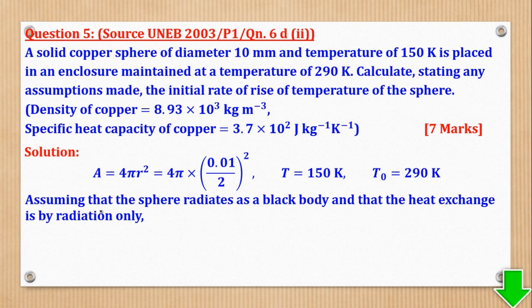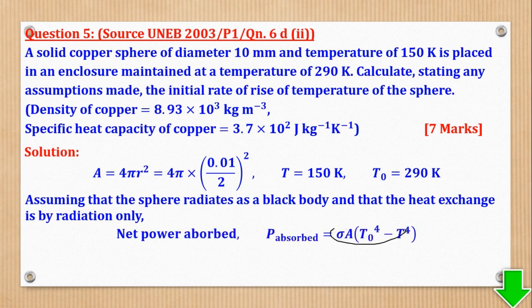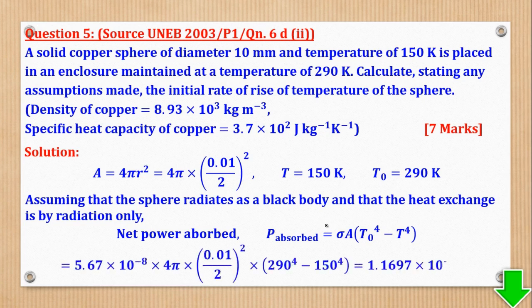We write this because the question says calculate, stating any assumptions made. So we have to make the assumption that the sphere radiates as a black body and that heat exchanges only by radiation. When that happens, it implies the net power absorbed is given by this formula from Stefan's law. Then you will substitute and get the answer they wanted.